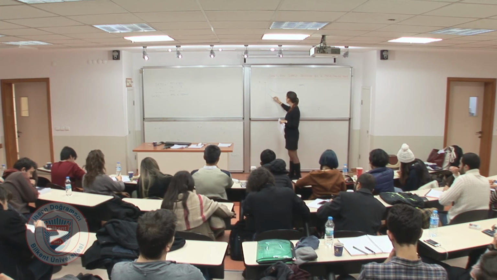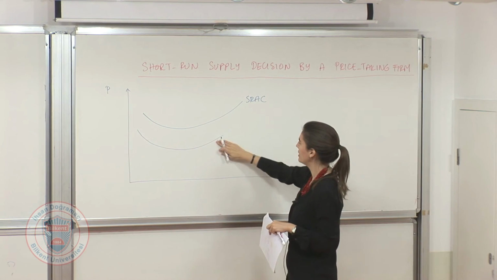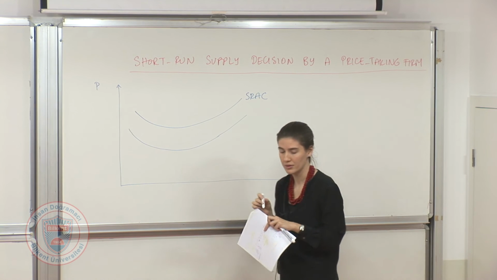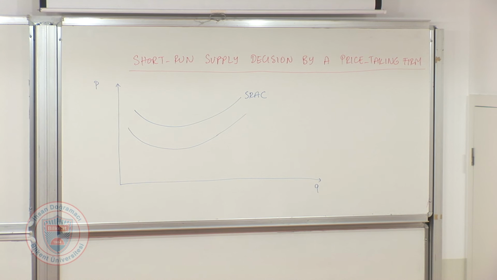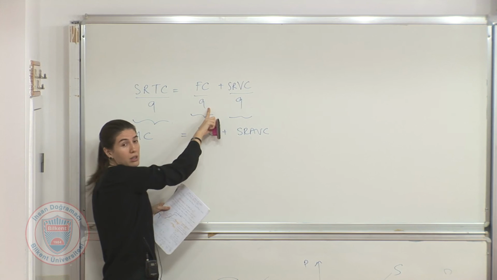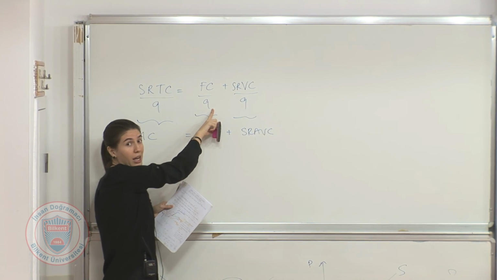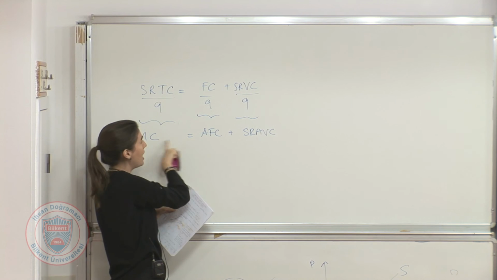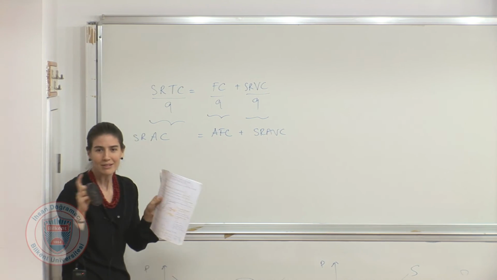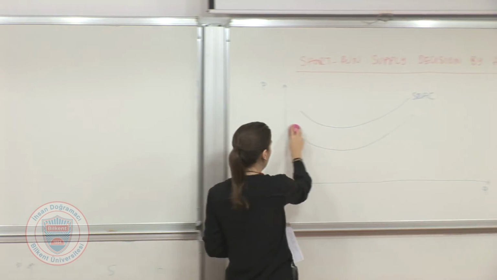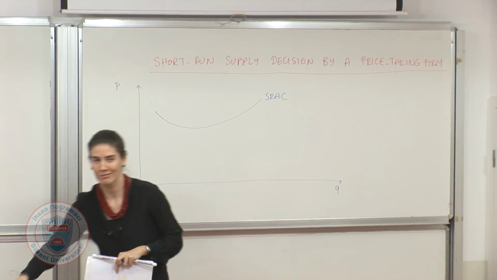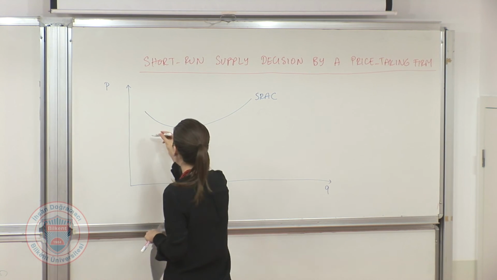Shall I draw it like this, just parallel, or it should be different? What's happening here? This is some number fixed. As I keep increasing Q, this becomes smaller and smaller. Therefore, these guys converge to each other, right? They come closer. So if you want to draw a proper cost curve structure, you should draw it like this.